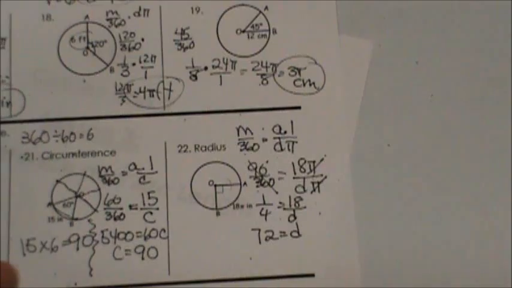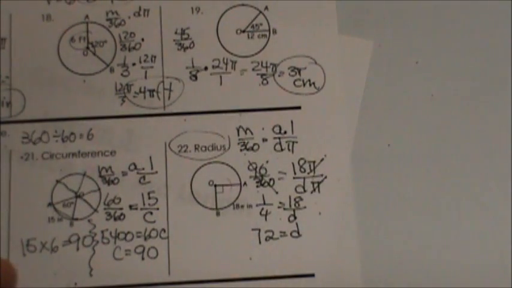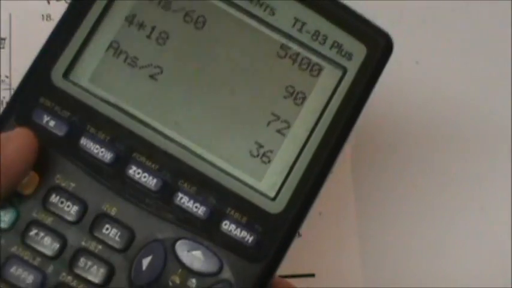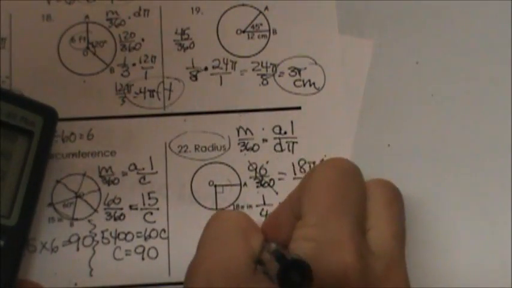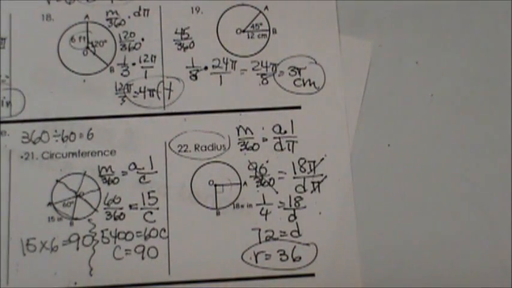Oh, that's nice. Okay, so our diameter is 72, but they're asking us for the radius, aren't they? So I need to take 72, divide it by 2 to get 36. So that means my radius is 36, and I am done. Whew, that was a lot of work.